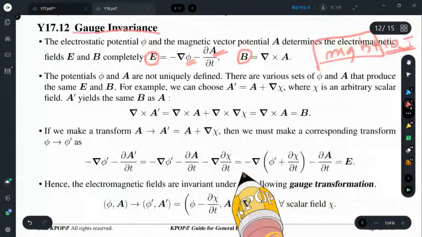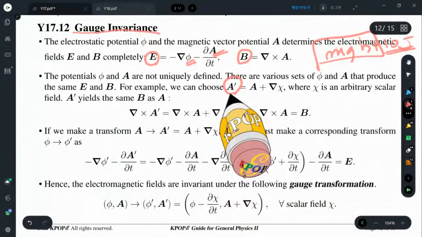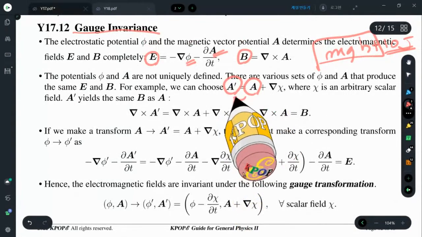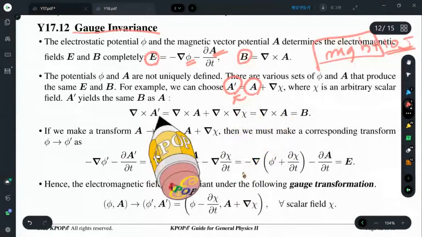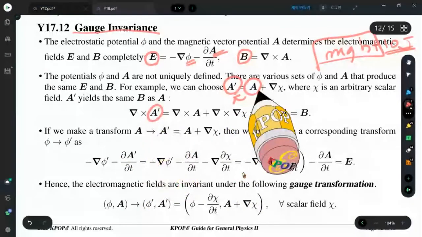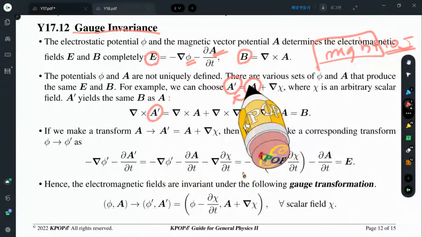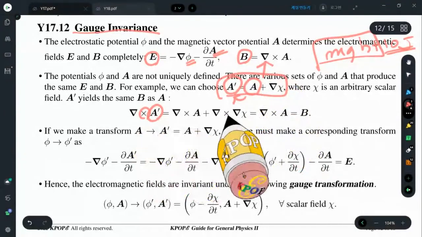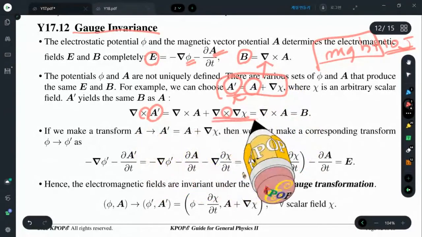Suppose that we can make a transformation from a magnetic vector potential and choose another. If you shift the magnetic vector potential by this, substituting in here, you will find the curl of a gradient is always zero.